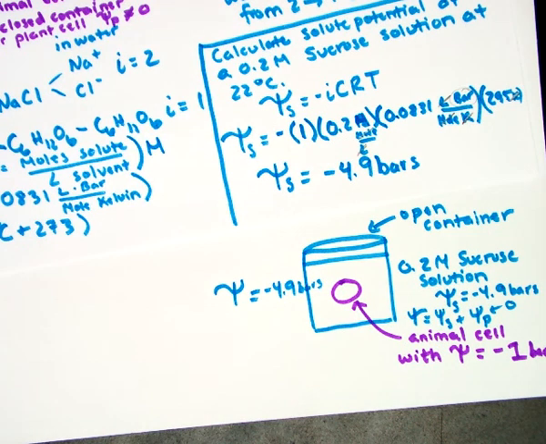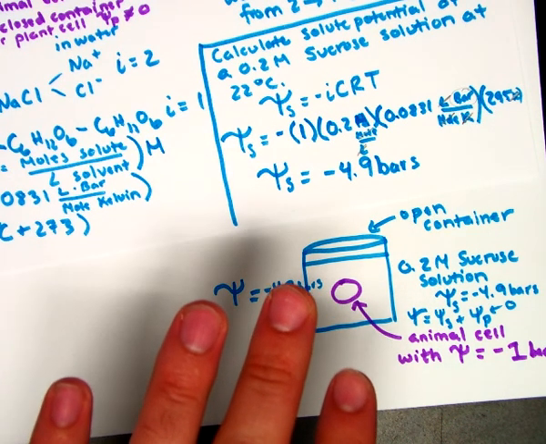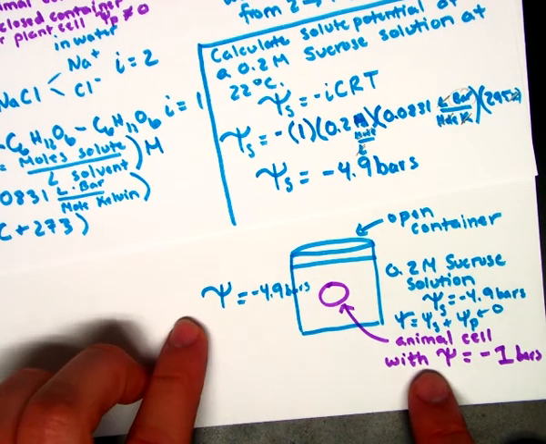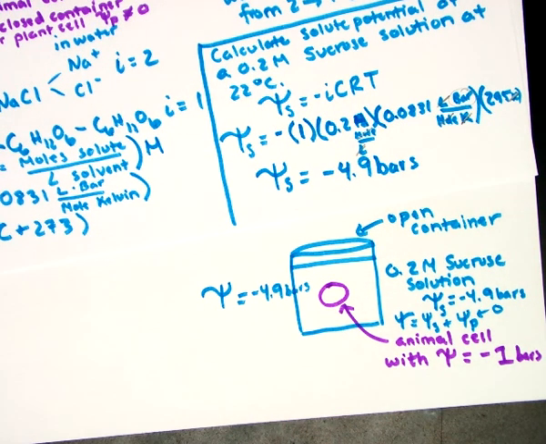Do we have any questions on how I got that? Okay. So now we have our two psi values. Turn to your neighbor. Is water going to diffuse into the animal cell or out of the animal cell, considering the psi values for both?